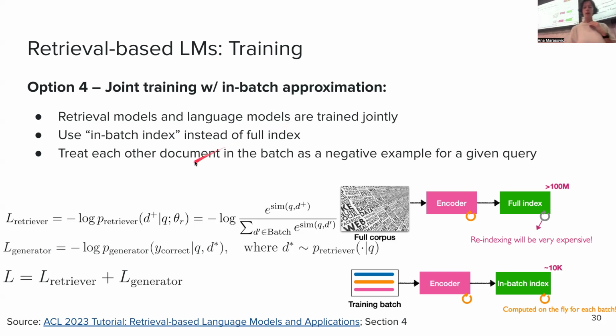And here I want to just emphasize how the losses look like. We are going to turn the joint loss into a sum of two losses, the loss for the retriever and loss for the generator. The loss for the retriever will be what we have seen in the last lecture.